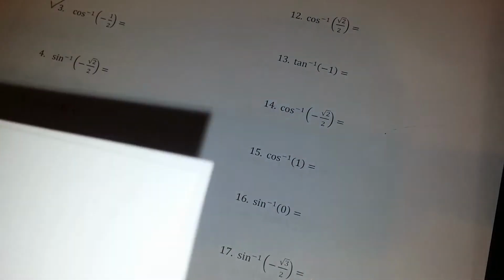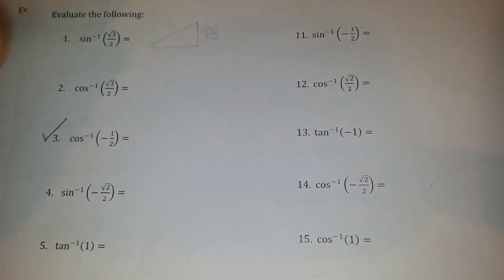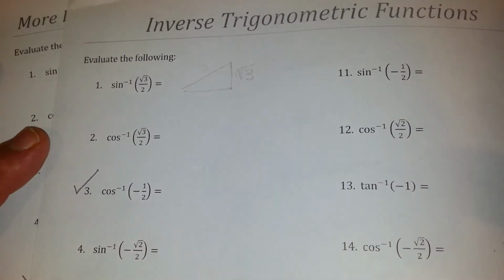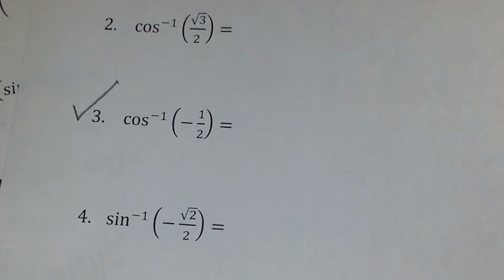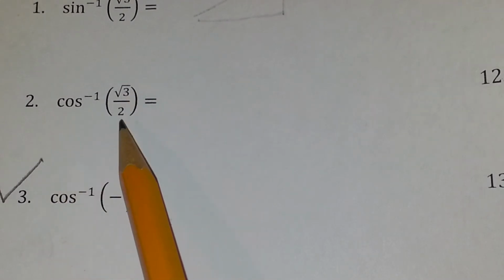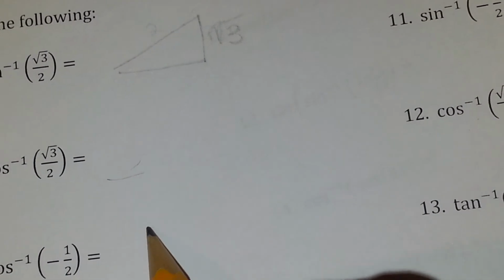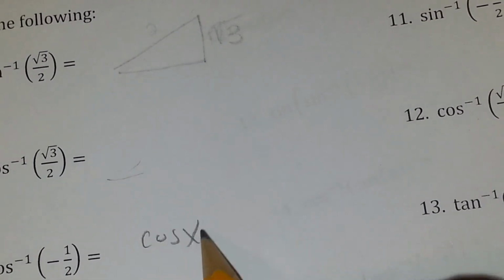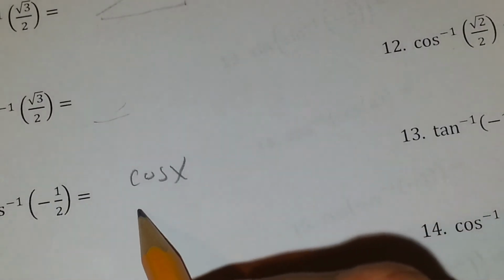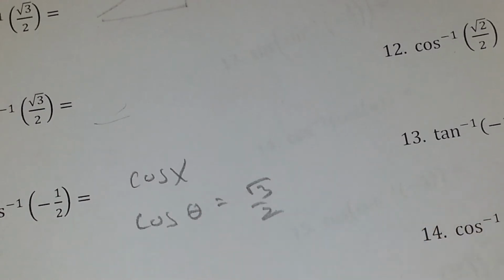One more thing. Let's take a look at some of this that we should be able to work through fairly quickly. Here's just an example. Here's cosine inverse of root 3 over 2. That should give us some angle, right? Some angle where cosine of theta equals root 3 over 2.